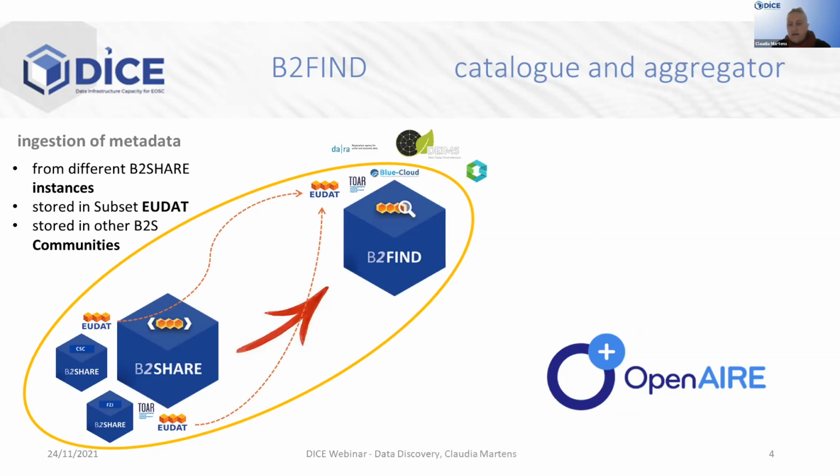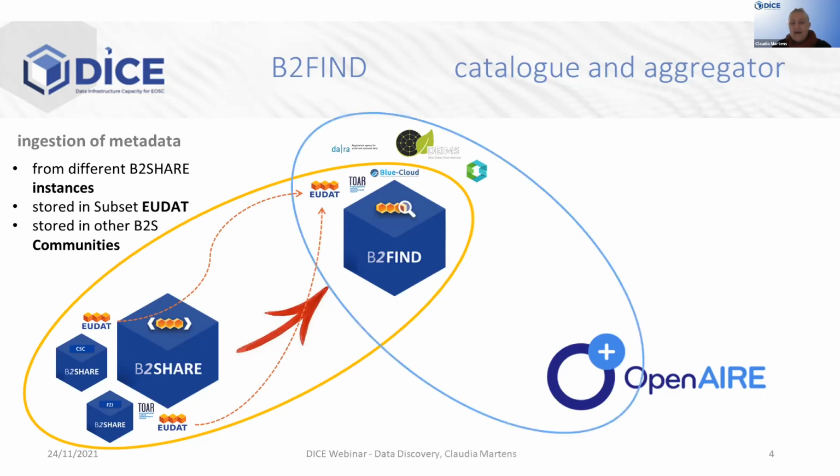Those are only 5 examples. Up to now, we have, I think, 48 communities under B2Share. So really very diverse areas for research in general.